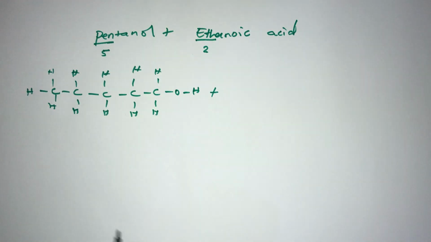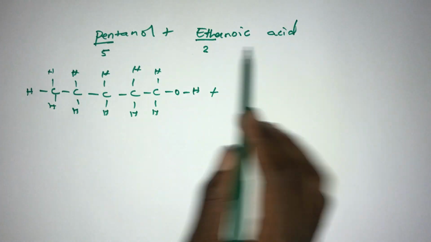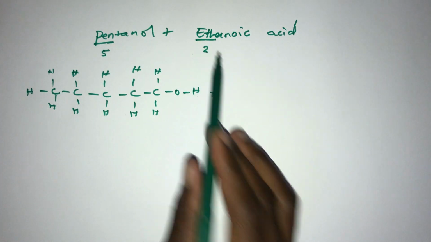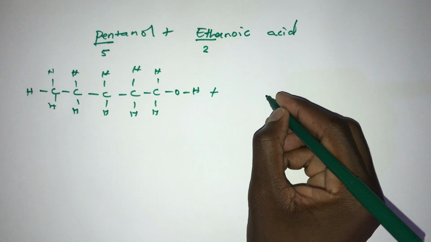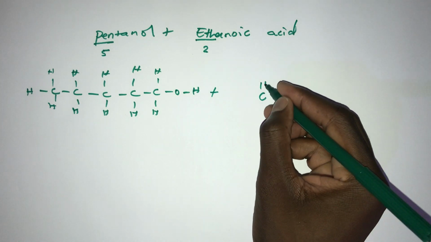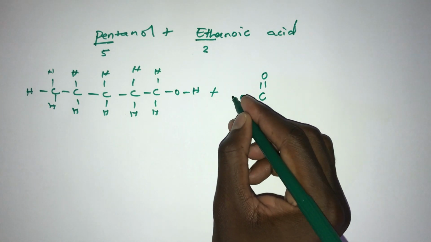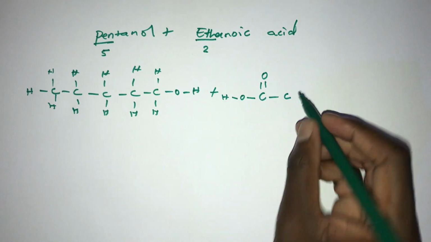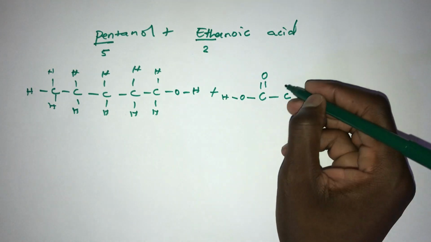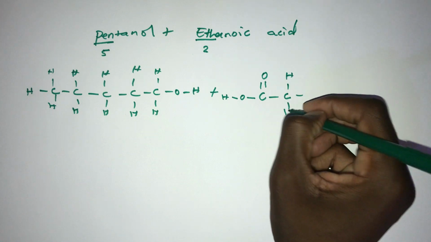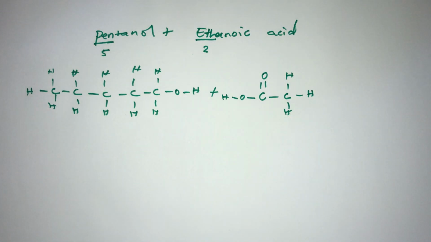Then plus, let's check ethanoic acid. Eth means that we have 2 carbon atoms. So let's start with this one, double bond O. Let me put it here. And then the first carbon atom and the second carbon atom. So remember, for carboxylic acid, the functional group is always on the first carbon atom.